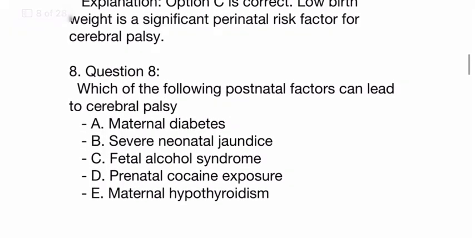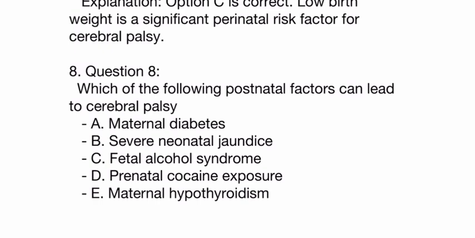Question 8. Which of the following postnatal factors can lead to CP? A, maternal diabetes. B, severe neonatal jaundice. C, fetal alcohol syndrome. D, prenatal cocaine exposure. E, maternal hypothyroidism.